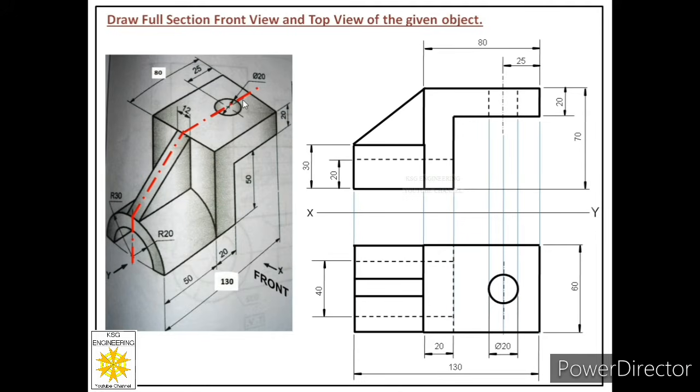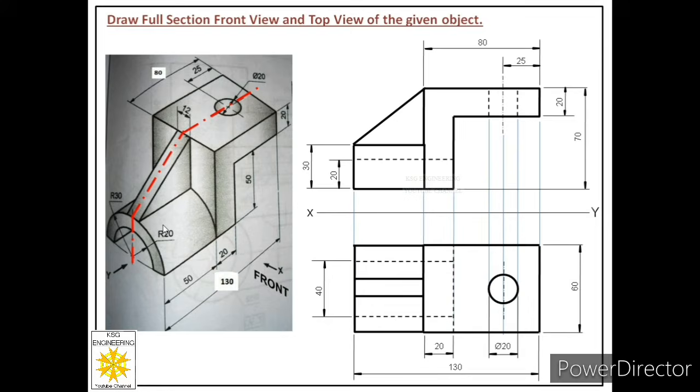So we have to assume that this object is cut by one imaginary cutting plane which passes through this center line of the object, and it cuts the object into two equal halves, and then we have to remove front half portion of this object which is in between observer and the cutting plane.